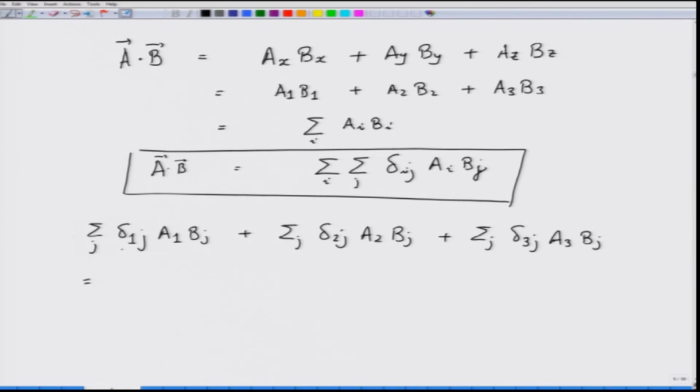When j is 1, I get delta 11 in the first term, which is 1, so I get A_1 B_1. When j is 2, delta 12 is 0, delta 13 is 0. So, the only contribution for the first term is A_1 B_1. Similarly, in the second term, when j is 1, delta 21 is 0. When j is 3, delta 23 is 0. So, I get A_2 B_2, plus in the last term similarly I get A_3 B_3. So, you can see this is a very compact way of writing a dot product.